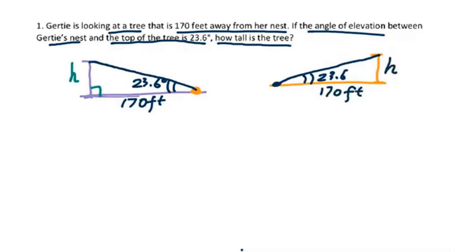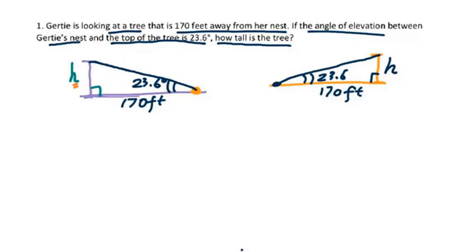We're looking for H. No matter where the tree is, you need to know how to draw the elevation angle. Since this is a right triangle, you can use SOHCAHTOA to work this out. Or if you're looking for the side, you can use the sine law. I will show you both ways. But normally when you're looking for a side, I think the sine law is much easier than SOHCAHTOA.